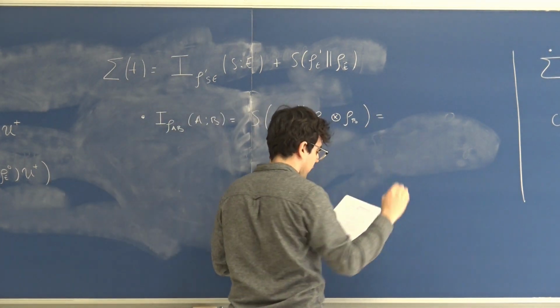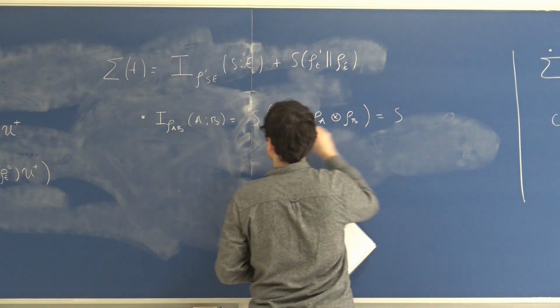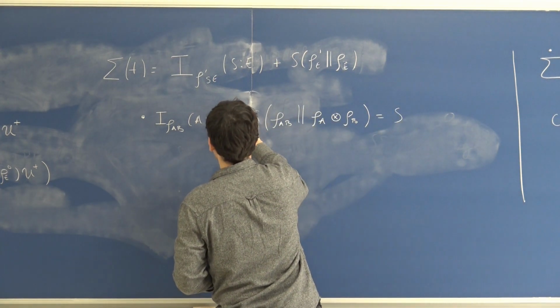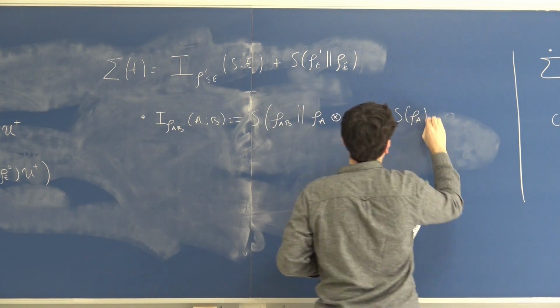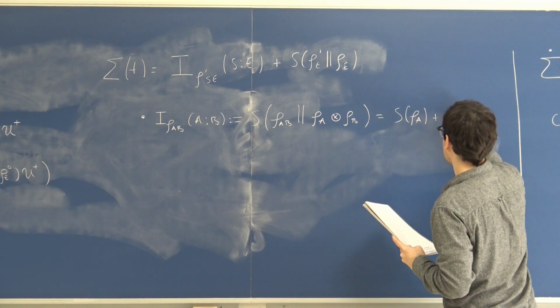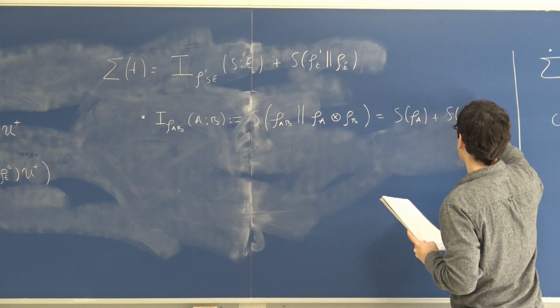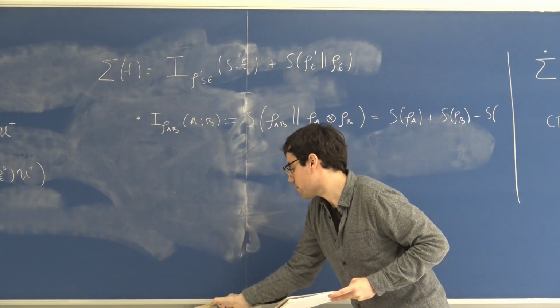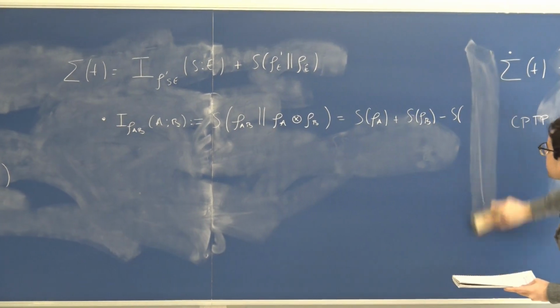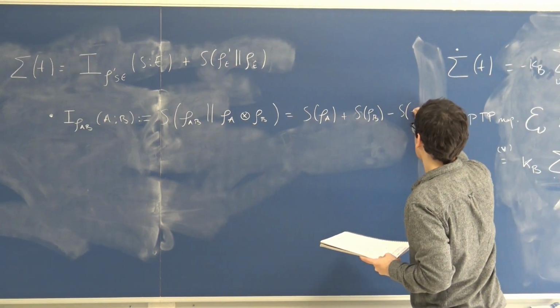And this definition as well is simply the entropy of the first one plus the entropy of the second one minus the entropy of the joint state. When we are saying entropy here, it's the von Neumann entropy, right?